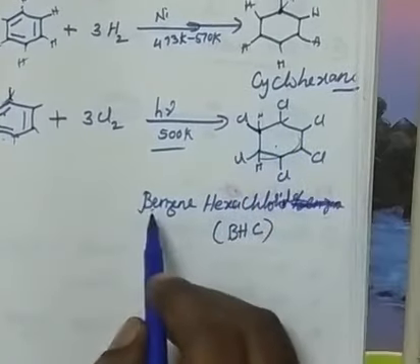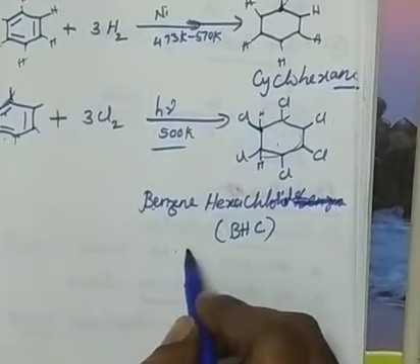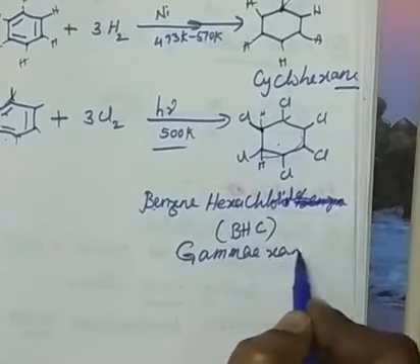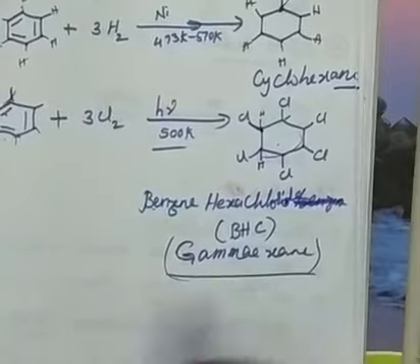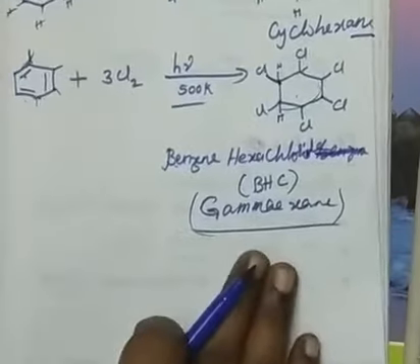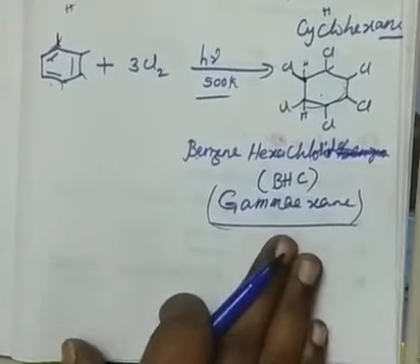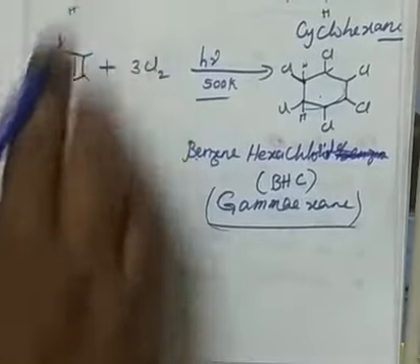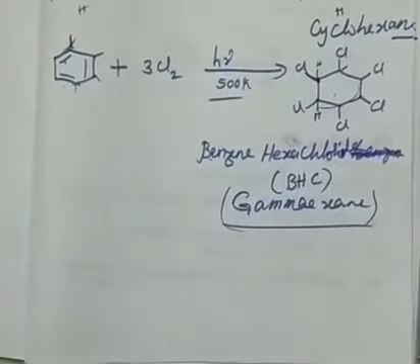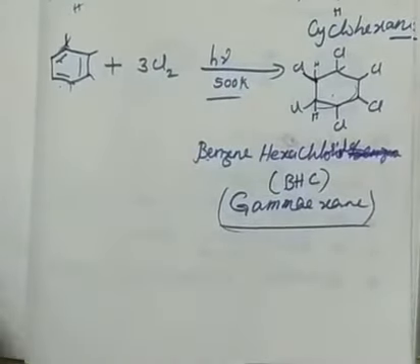Therefore this compound is called benzene hexachloride. This is also called gammaxane, an ant repellent. So this is benzene hexachloride, addition reactions. Number 2: oxidation reaction.